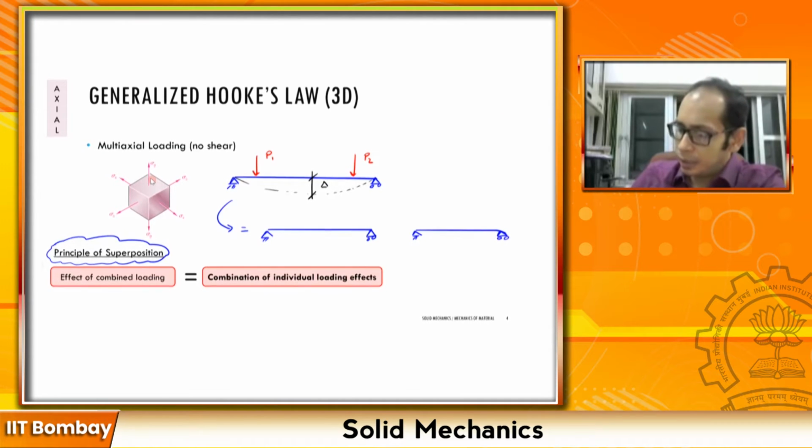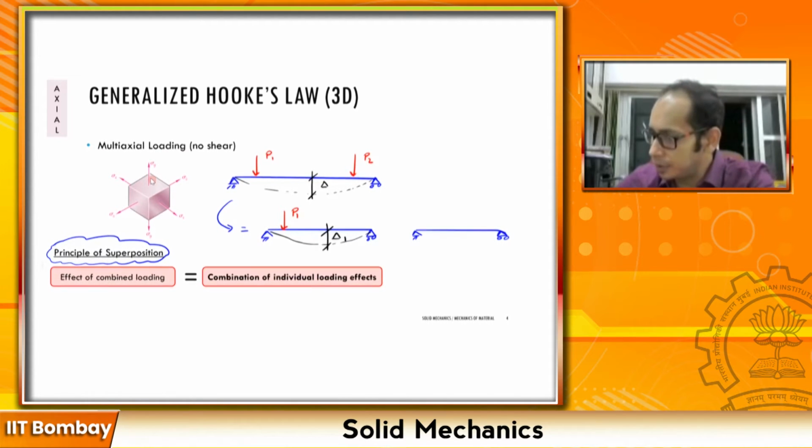In this beam I have just the load P1, and for this I calculate the deflection delta at the center, let's call it delta 1.